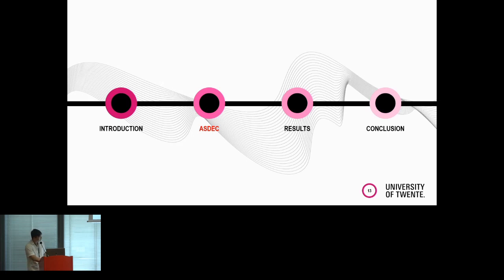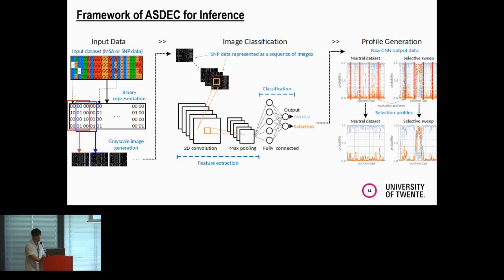We call it stack. Here is a framework of our stack for inference. It consists of 3 stages. In the first stage, the raw genetic input data will be represented in binary and then converted into grayscale images. These grayscale images will be the input for the CNN to do the classification.